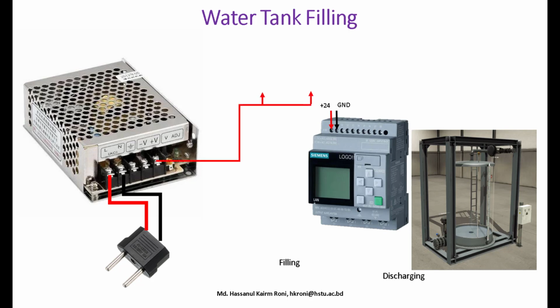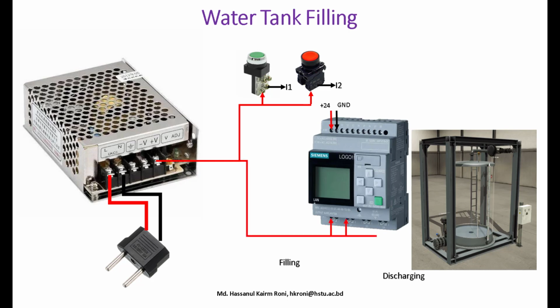We'll take 24 volt power and give it to a green or start switch. The output of the switch from NO contacts will feed into the I1 input pin. We'll use another switch as the discharge switch, and the output of the NO contact of the switch will be fed into the I2 pin of the PLC.